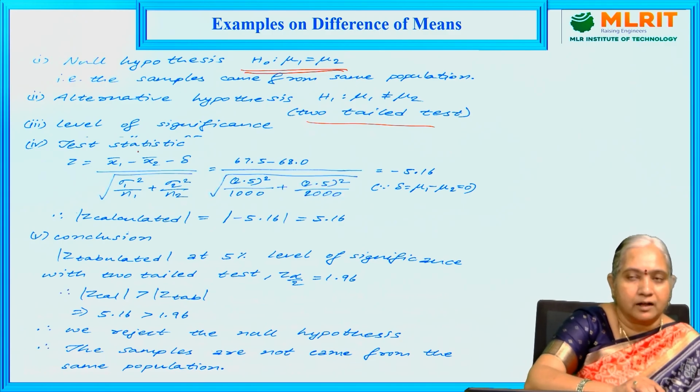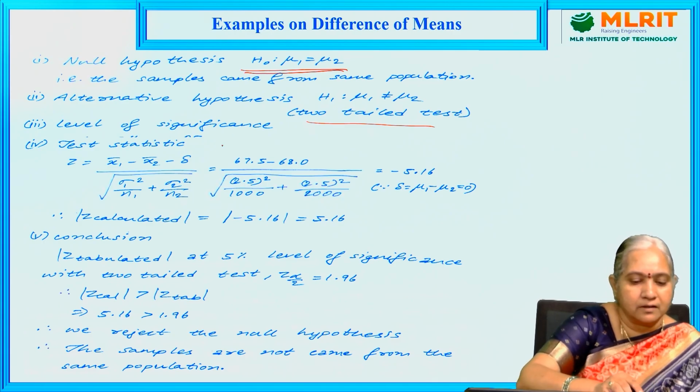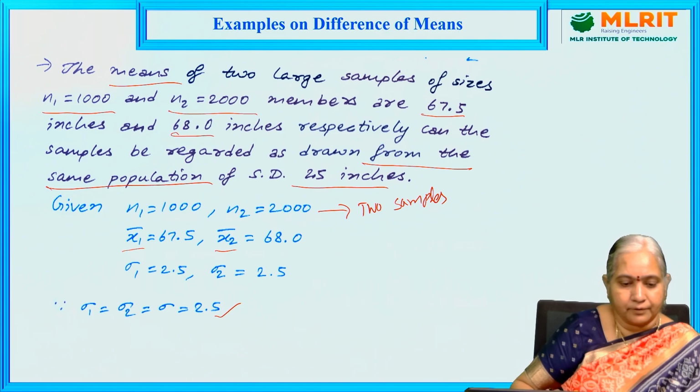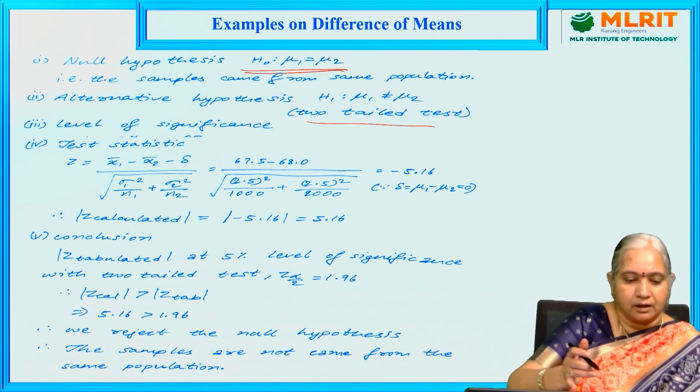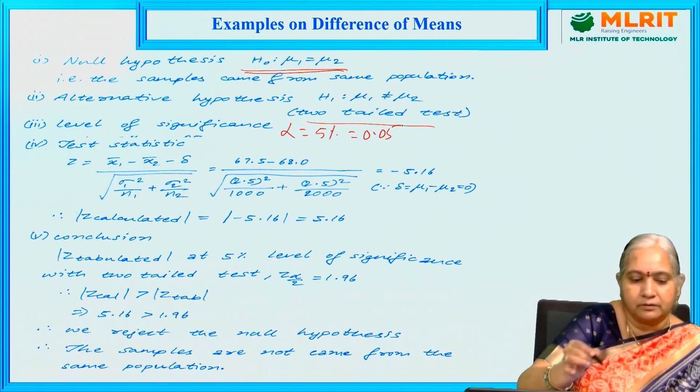Level of significance: in our claim, what may be the error? Level of significance is not given, so in general we take alpha equal to 5% or 0.05.